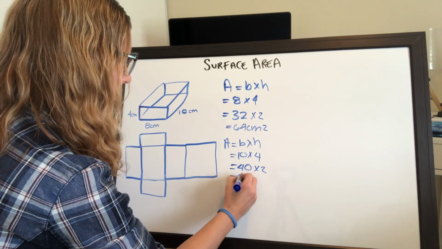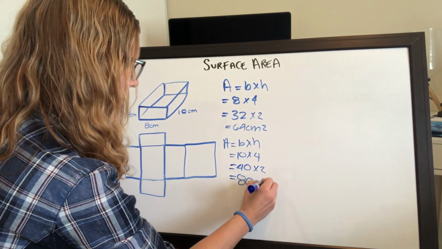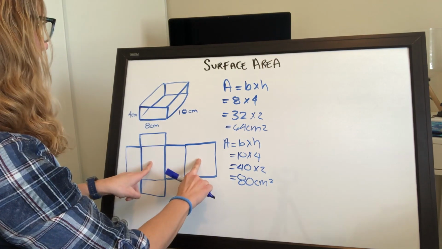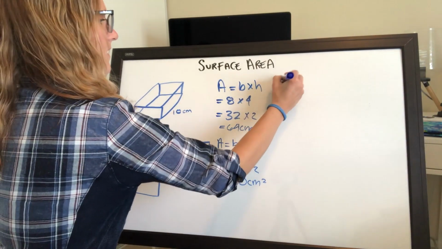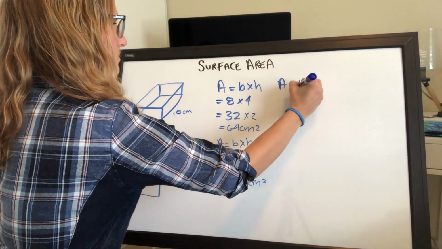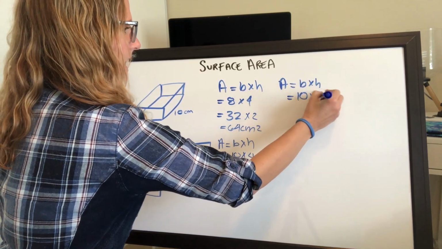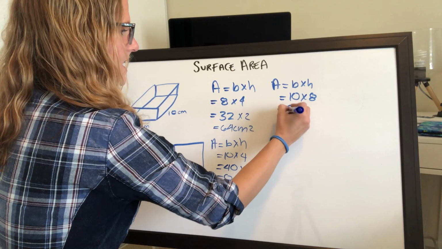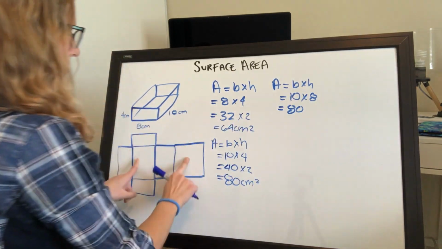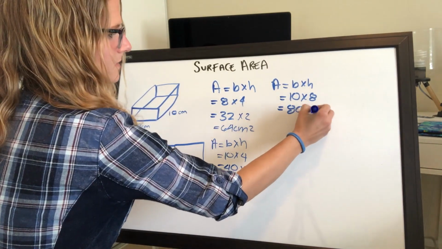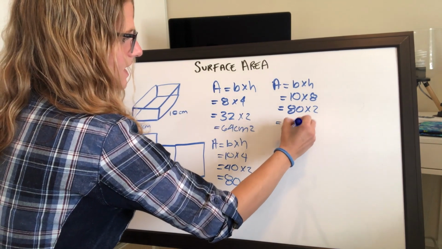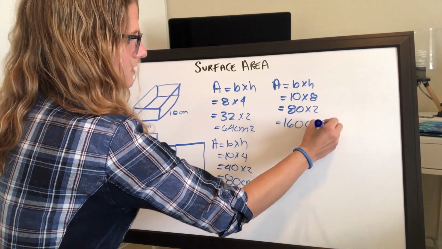So 40 times 2 is 80 centimeters squared. And now let's do these big guys here. So area equals base times height, which equals 10 times 8, which is 80. And then there's 2 of them. So times 2, which would be 160 centimeters squared.